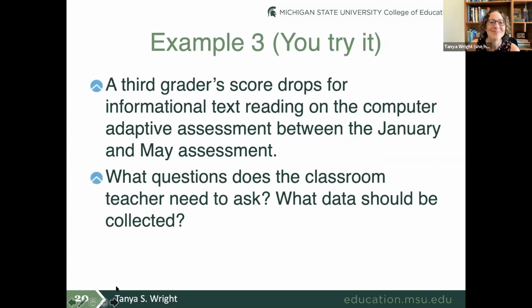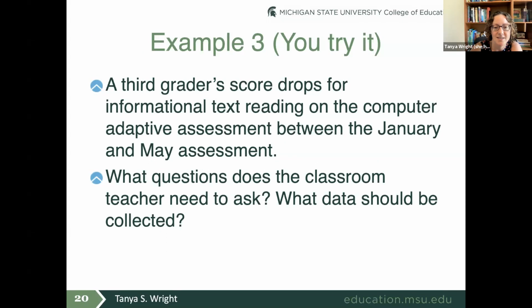All right, here's one for you to try. We have just a little bit of time, so maybe have a moment to think and type some ideas in the chat. Third graders' scores drop for informational text reading on the assessment between January and May.